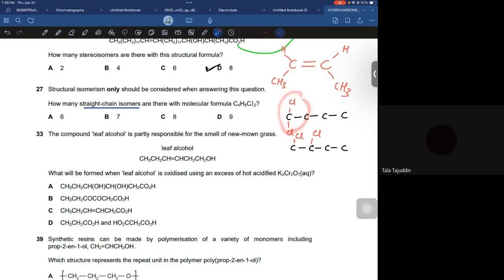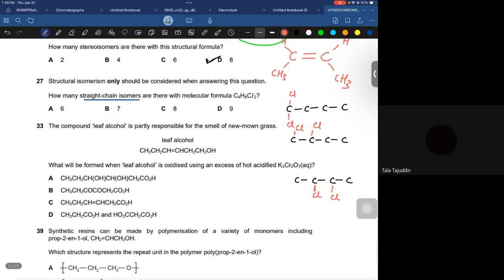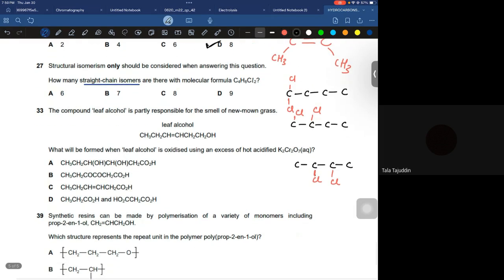Then this possibility, 2,3 dichloro, and it's going to be 1 and 4. So four isomers: one, two, three, four.